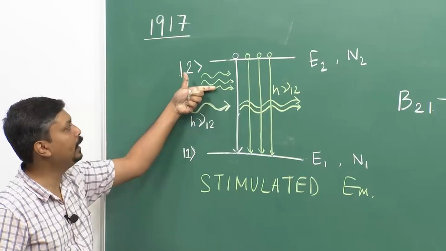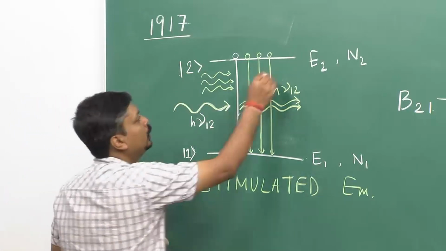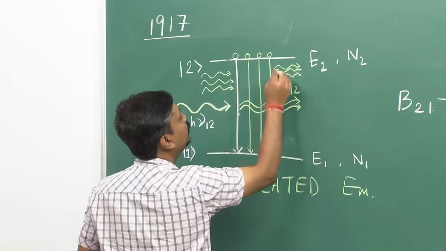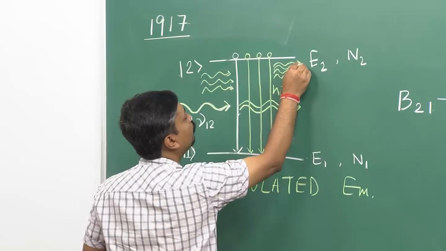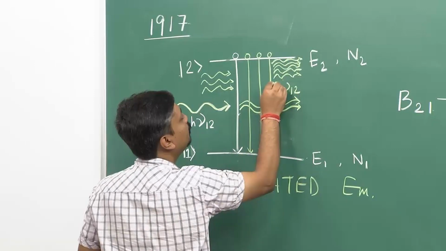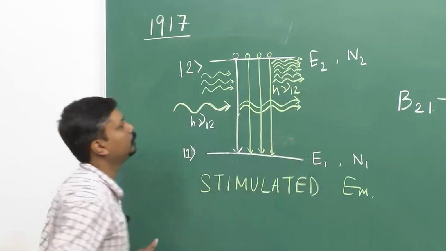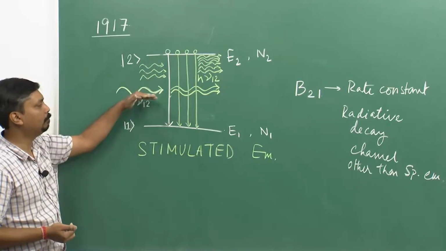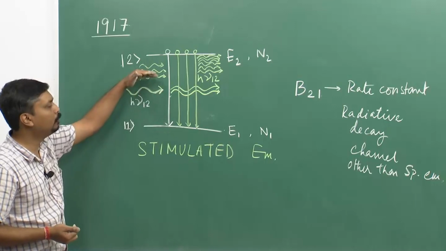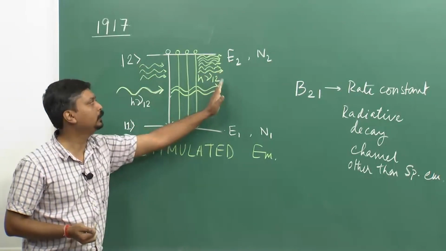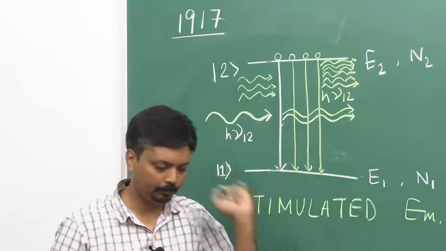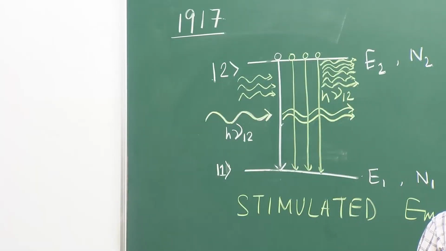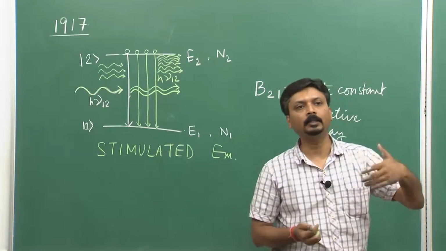So altogether I will get 3 plus 3, 6 photons. Taking a fourth atom, a total of 4 atoms making a downward transition, my input is 4 photons and the output is 4 plus 4, 8 photons. So you can see stimulated emission will increase the number of photons that come out.